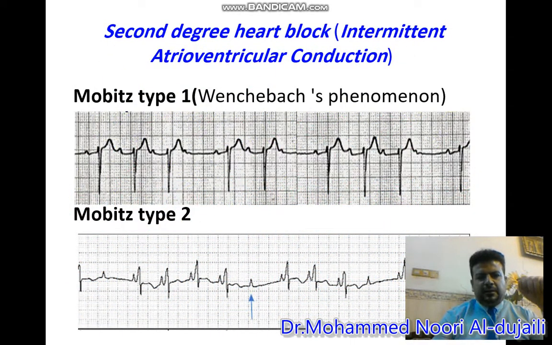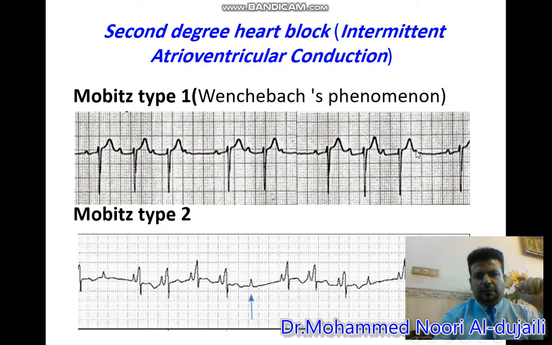Another type is the second degree heart block, which consists of three types. Type 1 is Mobitz type 1, the Wenckebach phenomenon, characterized by progressive prolongation of the PR interval with a dropped beat.